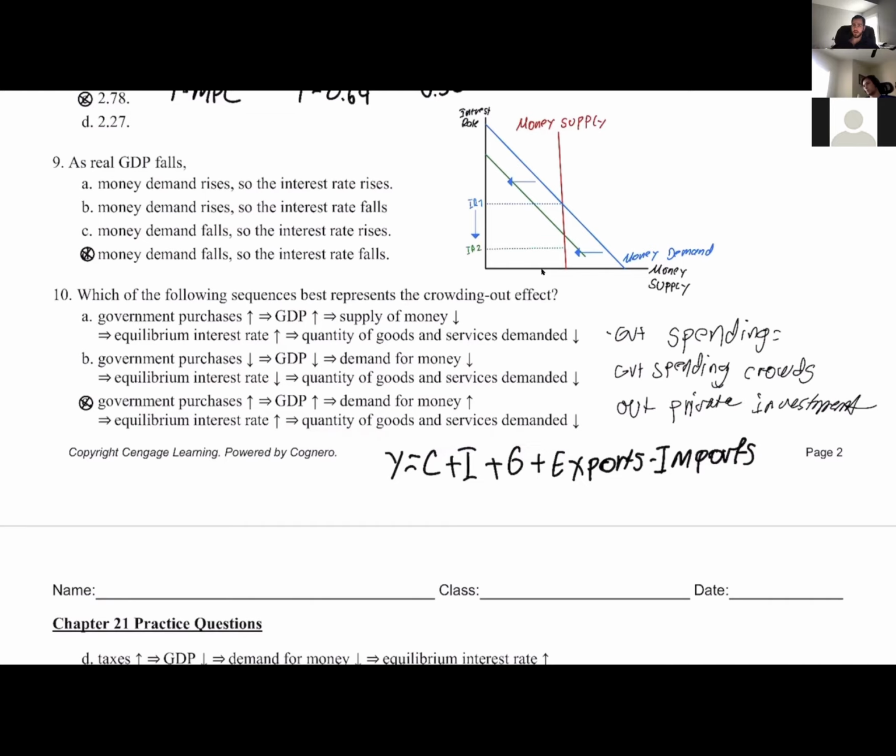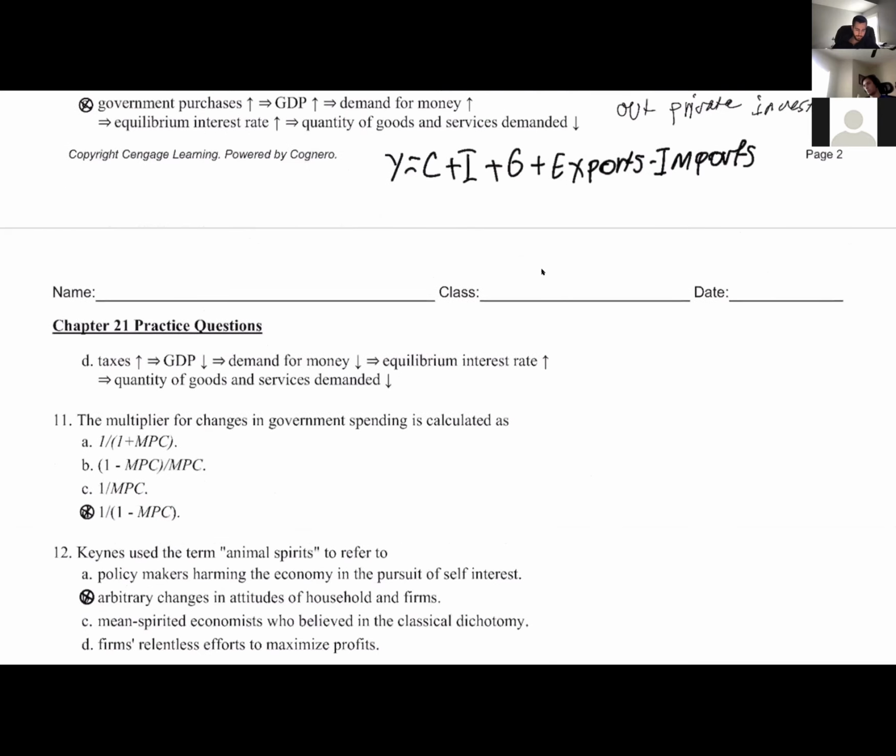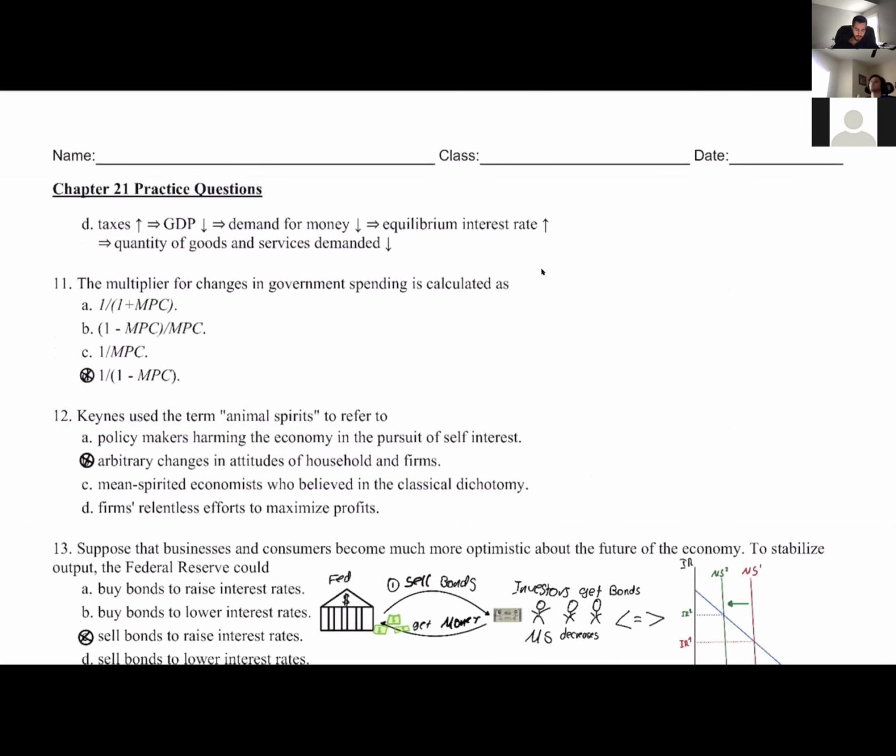And so they're crowding each other out. So this more spending will lead to a higher interest rate. It will not do as much anymore based on this graph. So that's why this is the answer to this question.